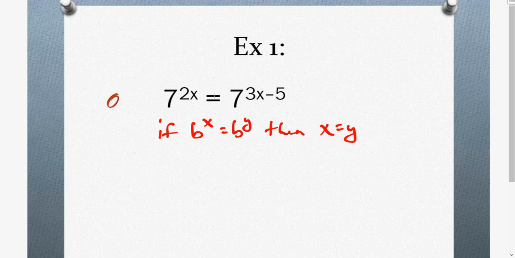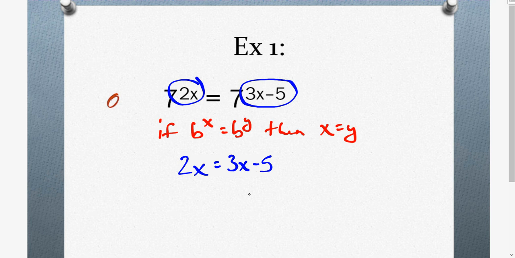What's your base on the right-hand side? Well, it's also 7. So because those two bases are the same, guess what I can set equal to each other? I can set 2x to be equal to 3x minus 5, okay? Because my bases are the same. So 2x will equal 3x minus 5. Then I get to do just a little bit of arithmetic.